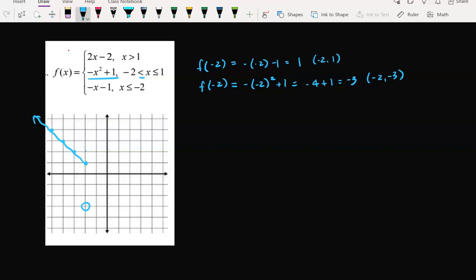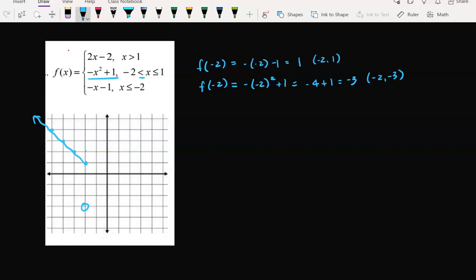Because that's what you saw on my domain and range worksheet: sometimes you see these solid circles that indicate the start of the graph, but that point is not actually part of the graph. So you're going to put -2, -3.